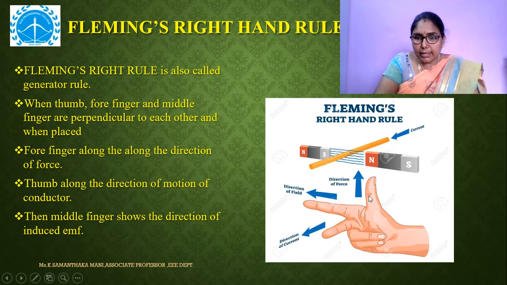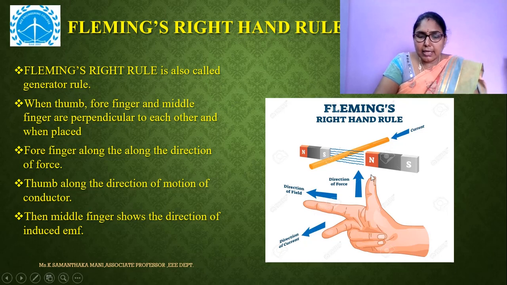Take your right hand, with three fingers named thumb, forefinger and middle finger, and keep these three perpendicular to each other. The thumb is the direction of force, that is the movement of the conductor, and the forefinger shows the direction of the magnetic field.